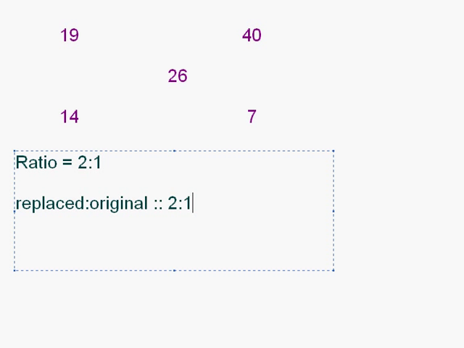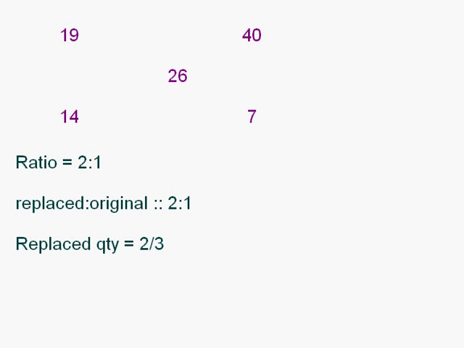So now what is the quantity replaced? The replaced is in two parts and original is in one part. So the replaced quantity will be 2 upon 3. That's the solution. And the original quantity will be 1 upon 3.